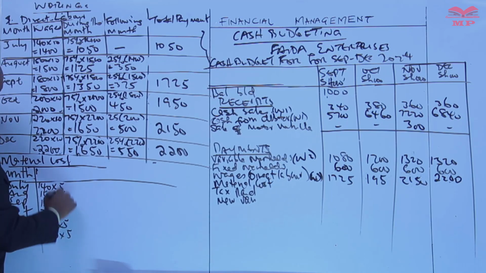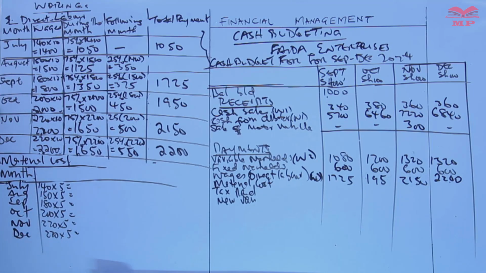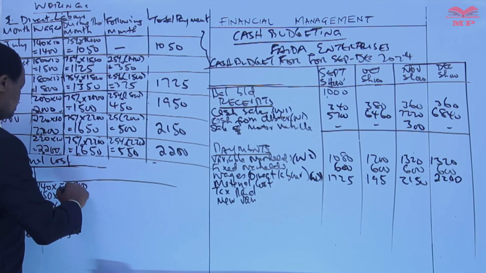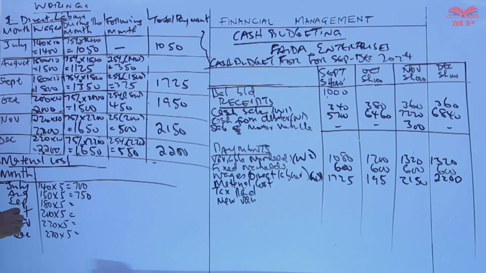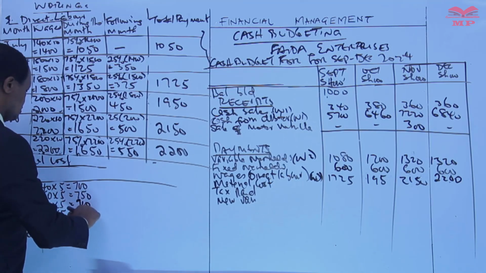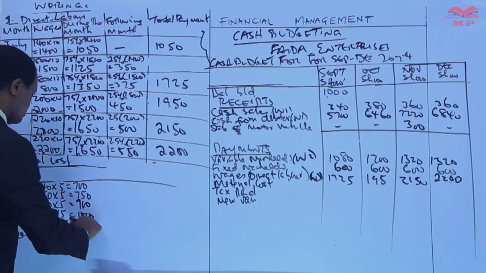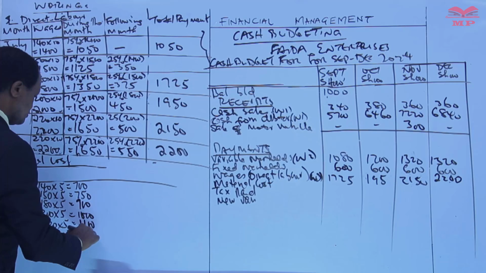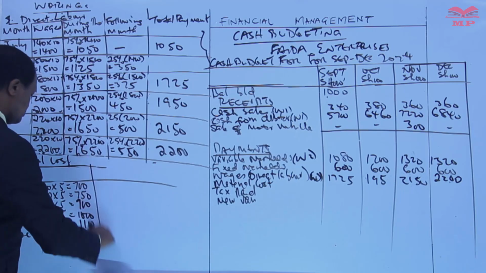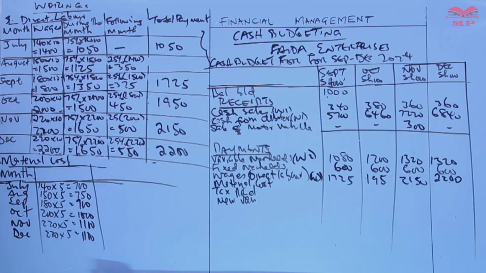Give me the values. 700, 750, 900, 1000, 1100. So that is the material cost per month.